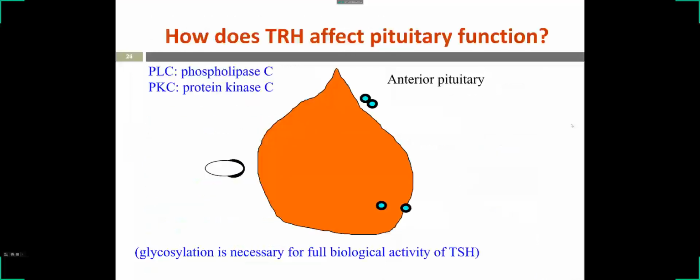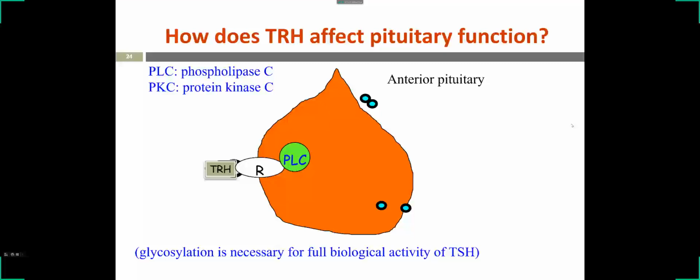Now, how does the thyroid releasing hormone affect pituitary function? First, you have thyroid releasing hormone binding to a receptor within the pituitary.